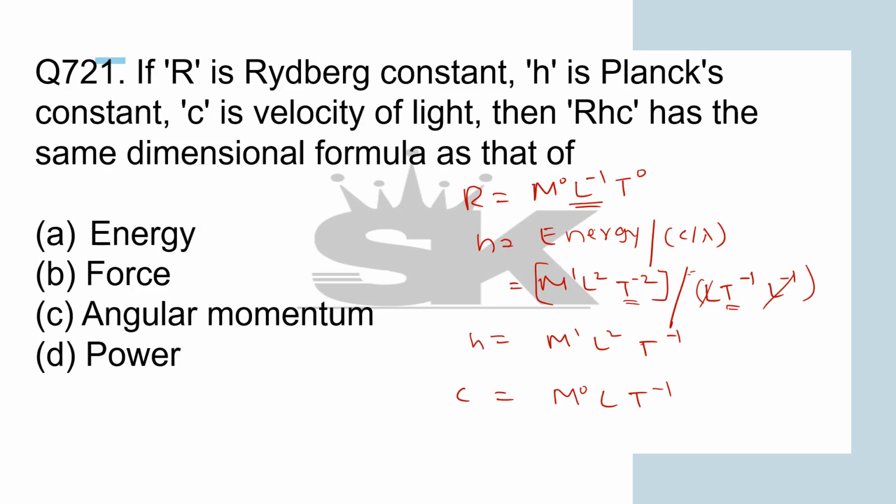Therefore RHC equals M1 L square T power minus 2. So this is the same as energy, right? You can observe here, the energy formula is the same as RHC.